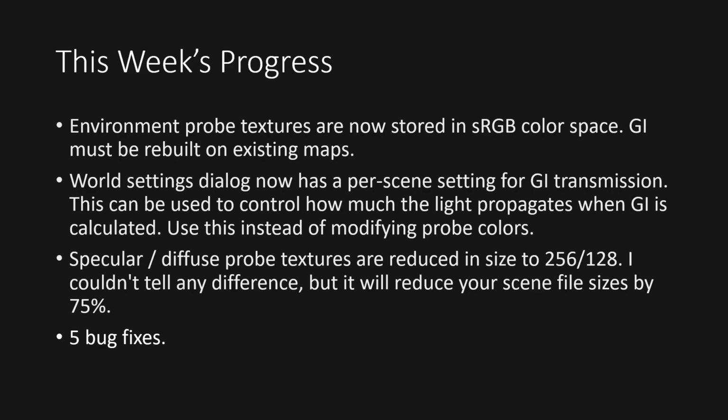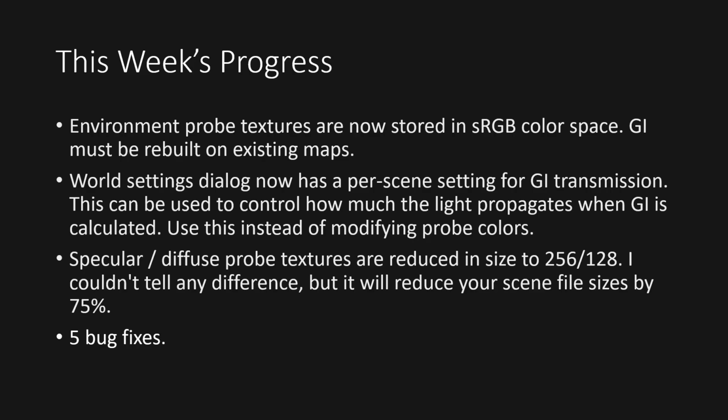We now have a per scene setting for the GI transmission level, and this gives you control over how strongly the light bounces. When GI is calculated, it renders the scene in 3 passes. First, it disables all the environment probes, because at that point they don't have any valid data for the reflection, and it renders just the scene with black shadows.